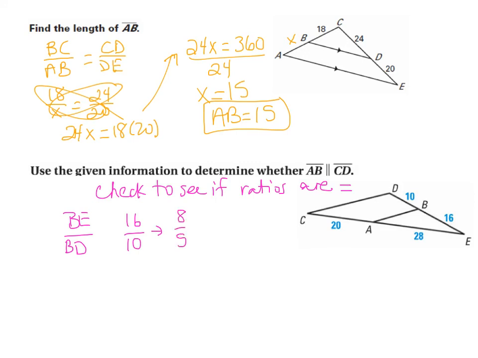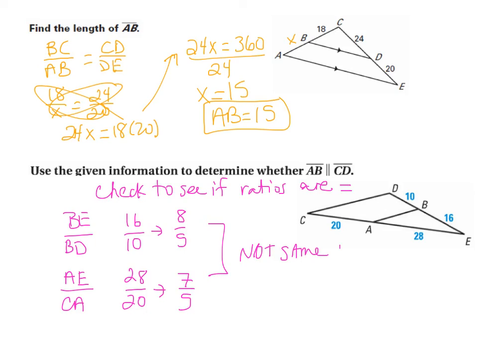And then for the other side, I'm going to do AE, because I need to keep it the same, over CA, and that would be 28 over 20. And when I reduce that one, I end up with 7 over 5. Definitely not the same. So since they're not the same ratio, that means that CD is not parallel to AB.